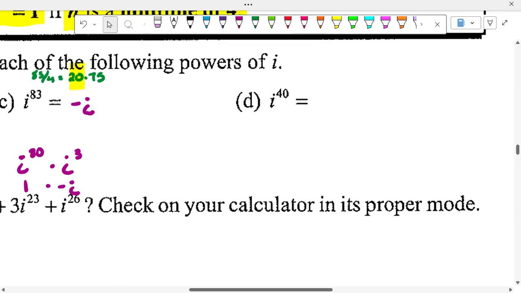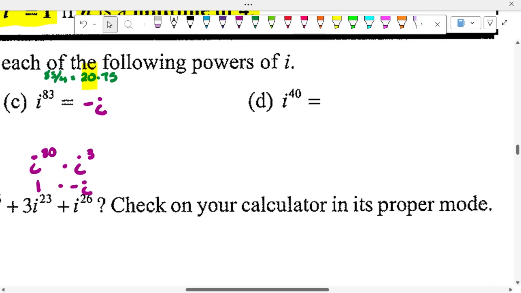Now, this last one. Without even doing any work, what do you think the answer to this one is? 1. Why? Because 40 is divisible by 4, meaning 40 is a multiple of 4.